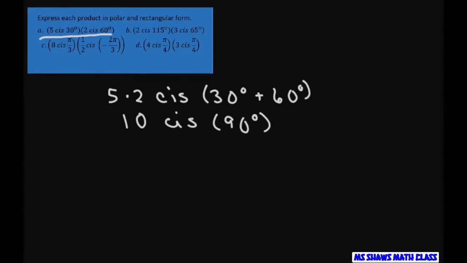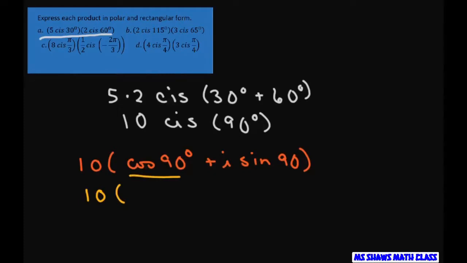Now if you expand this, it is 10 cosine of 90 degrees plus I sine of 90 degrees. So that's expressed in polar form. Rectangular form would be where you evaluate this.